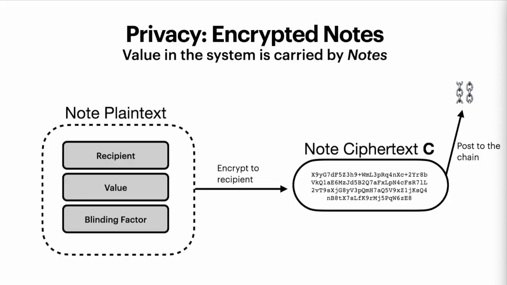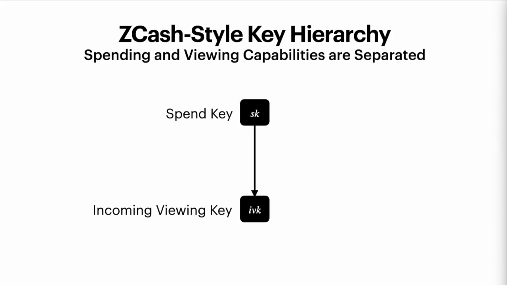So they're one-time spends. Now, another feature of Zcash style cryptocurrencies is that there is a separation in the key hierarchy. This is a very simplified key hierarchy; there are many other keys in the protocol. But I've put this in just to show that the spending and viewing capabilities are separated.